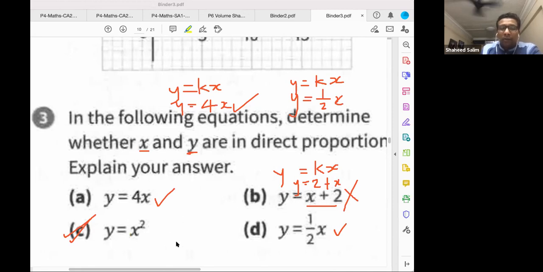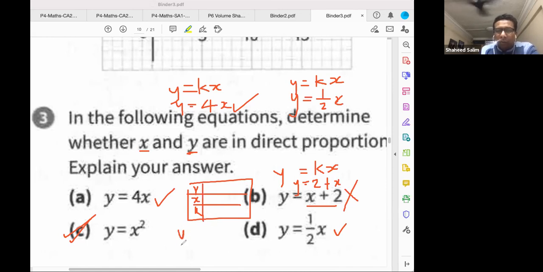So how to find the constant? Just now you remember, we did a chart down here. The chart says y, x, k. Then y we divide by x to get k, correct? So now I want to make y divided by x possible.